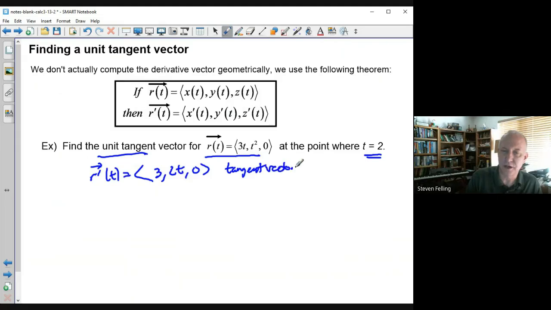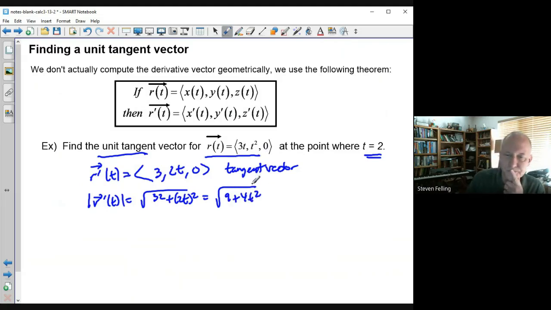And then if I want to make the unit tangent vector, I just need to find the magnitude of that vector by taking the square root of the sum of the squares, which would be 3 squared and then 2t squared. Generically that would be the square root of 9 plus 4t squared. However, since we want to do this at a particular point, once we've taken the derivative, we can just go ahead and plug the value in.